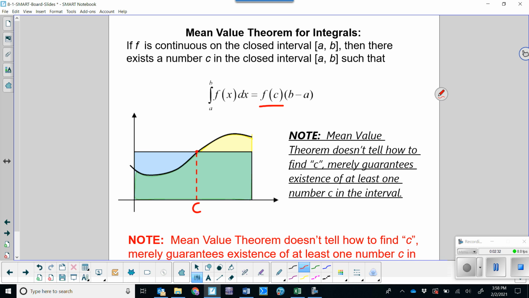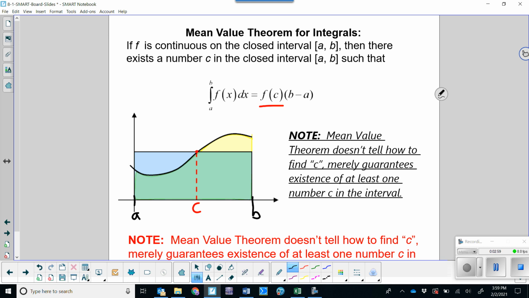If you take that function value, so that's the length of that dotted line, times this b minus a, because we're going from a to b, times that length, that's exactly what you're going to get for the area underneath the curve. So again, it's not telling us how to find c, it's just guaranteeing that there is one. Okay, so it's just an existence theorem.